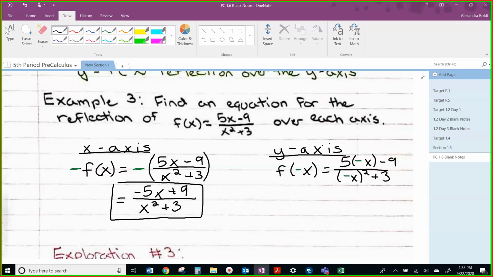Okay, so I have 5 times negative x minus 9 over negative x squared plus 3. Okay, and then I'm going to simplify that. So 5 times negative x is negative 5x, and then I have minus 9.